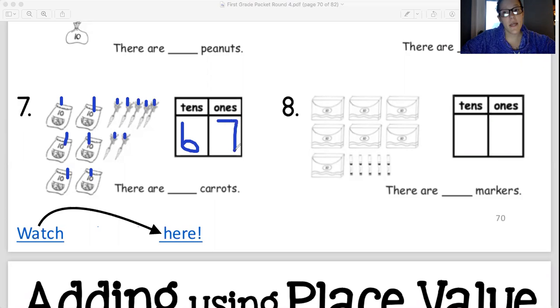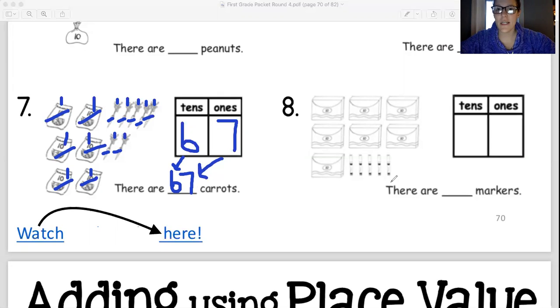Let's count how many carrots there are now all together. 10, 20, 30, 40, 50, 60, 61, 62, 63, 64, 65, 66, 67. There are 67 carrots. Again, matches the tens, matching in the ones.